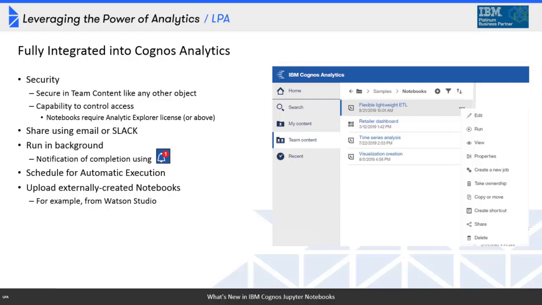So these roles get access to the notebook capability, and these roles don't. You can share your notebooks using email or Slack. So the whole share notion that's baked into reports and dashboards and explorations and stories, that is also shareable relative to your notebooks. So again, fully integrated, and you can schedule them.